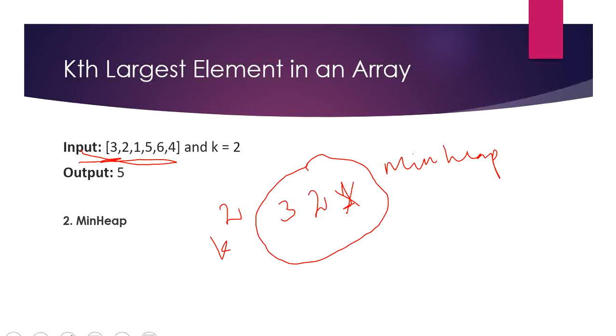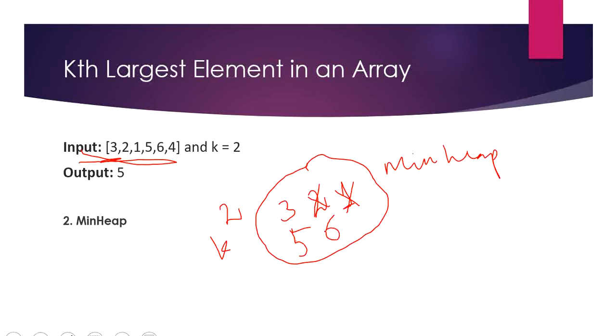So the next number 5 enters. The capacity is again 2, so it is going to take away the minimum element out of the 3 and 2. So it is going to take 2 out. So here we have 3 and 5 in our minimum heap. The next number is 6. The 6 enters.